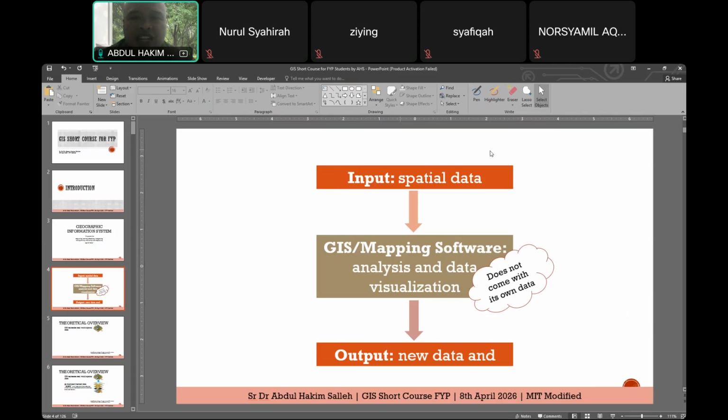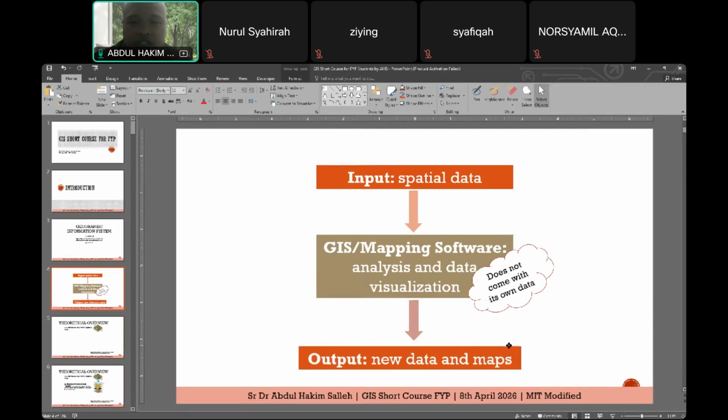Of course, GIS will receive this spatial data, data that contains at least coordinates. Then we will do the processes, analysis, and data visualization, and the output will be new data and maps.